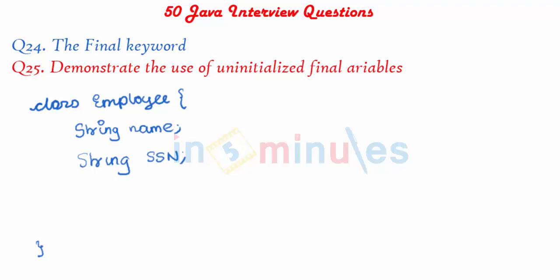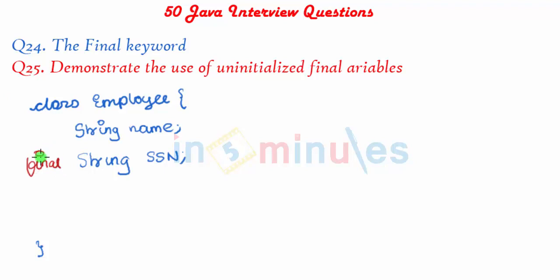We're not going to run a loop 1,000 times and give it different values. We'll have a system which works in such a way that your operator is sitting at the desk and each employee comes in and gives his or her social security number. And your operator will then enter it in this program, the program that we are looking at. So it makes sense to have the social security number marked as final.